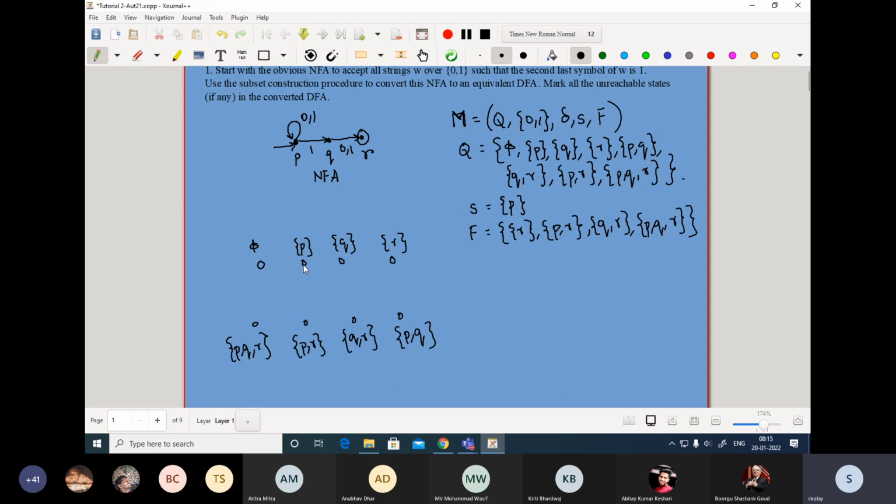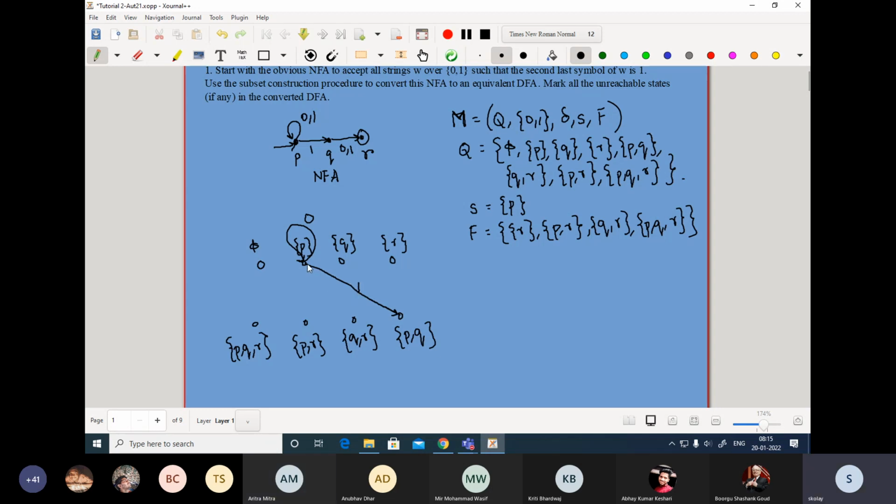So from singleton set P, if I read 0, I stay at P. If I read 1, I go to the state corresponding to P, Q.